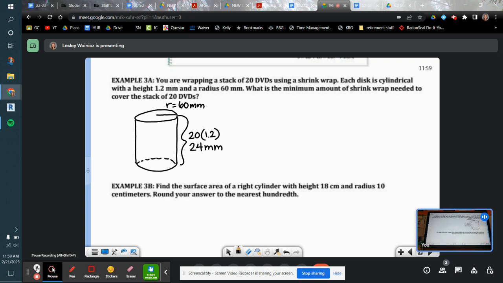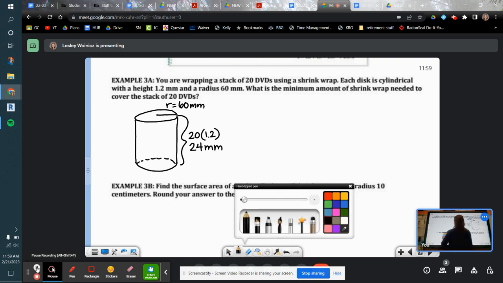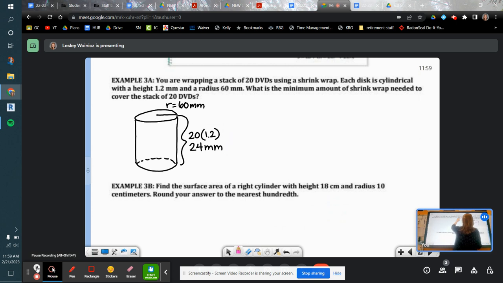The only thing that we are missing is the circumference of our circle. Because if we think about what this net would look like, we're going to have a circle up here, a circle down here, and then this rectangle.